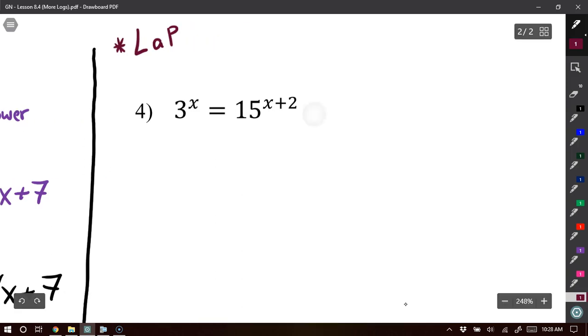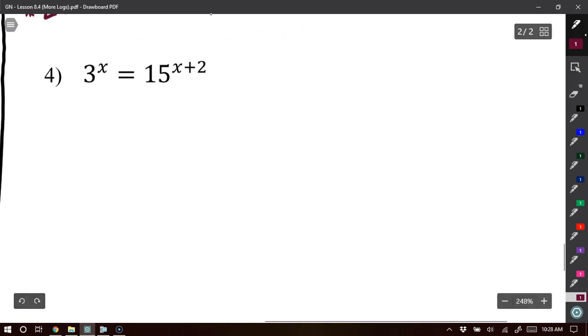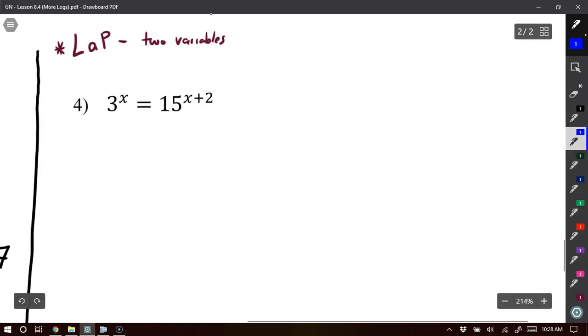So when you have 2 variables, I would probably use the log power approach. It's safer, but I like to have fun, so I'm going to use the Cobb approach also. But let's start with log and power. So I'm going to take the log of both sides. So log, put it in front, 3 to the x equals log of 15.